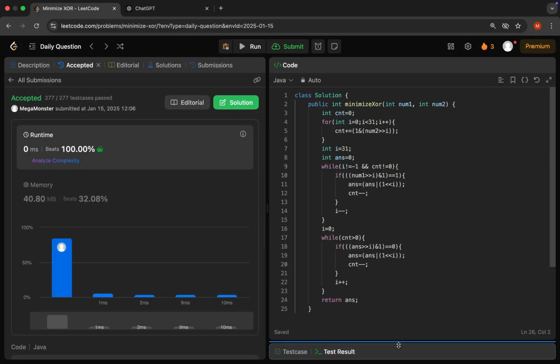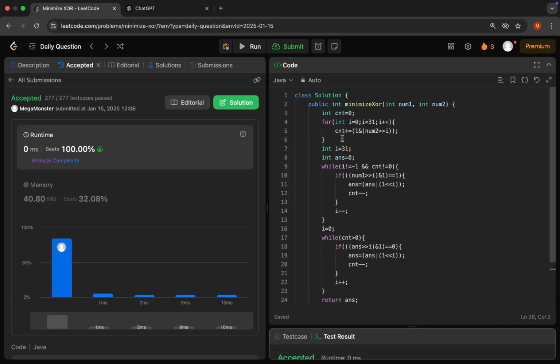So let's see how I will write the code. I have taken a count variable which counts the number of set bits from num2. I am using bit manipulation for getting the number of set bits.